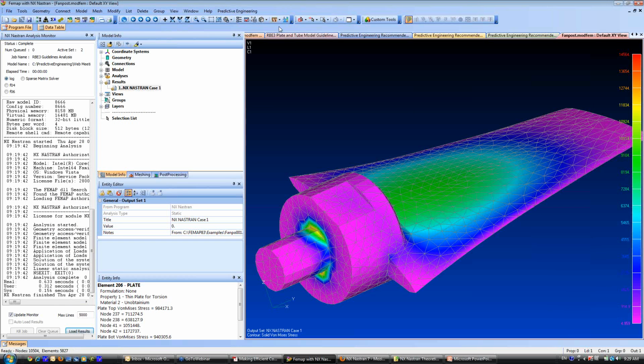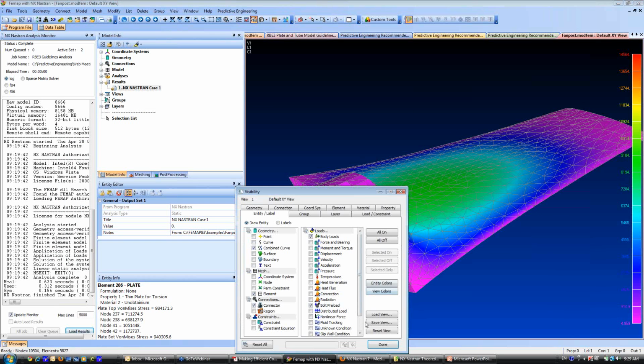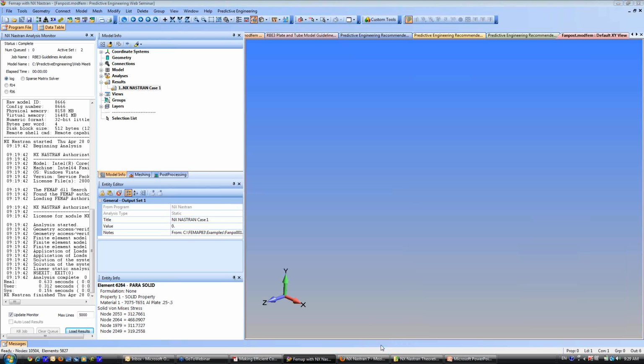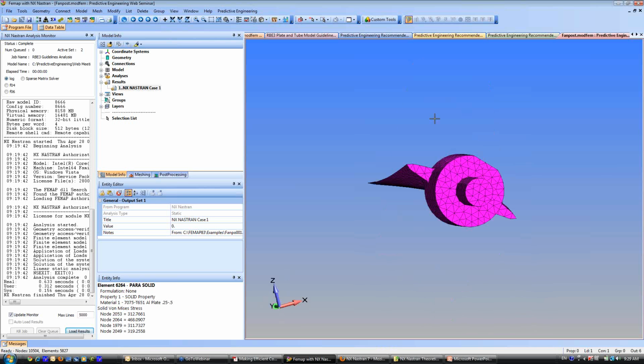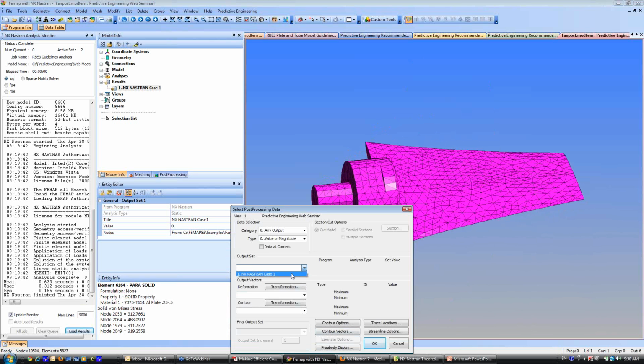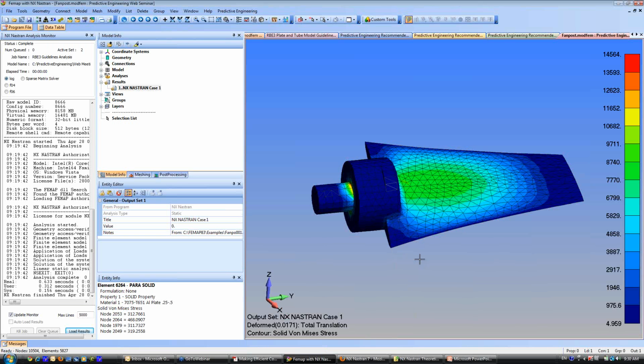People have seen that before. Now, let's go and load a view. That's a view that we saved. Like that. I'll get the job done. Voila.